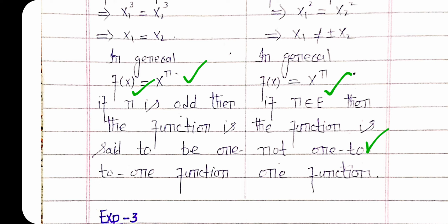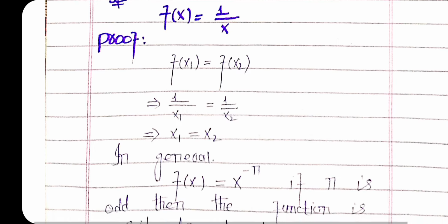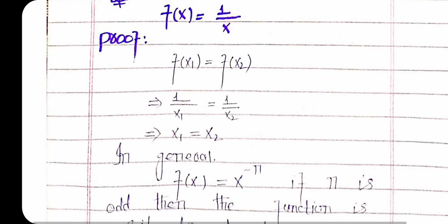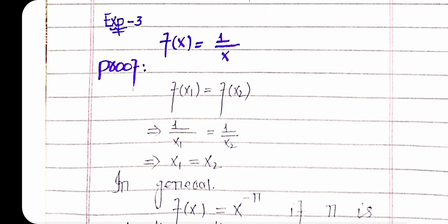That's why in the case of even power the function is not one-to-one, but in the case of odd power the function is one-to-one.